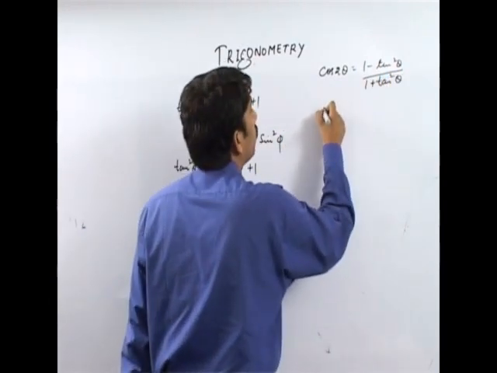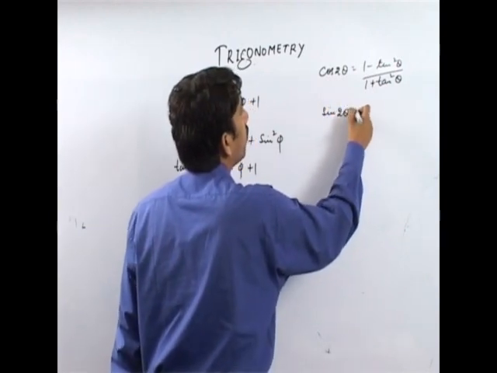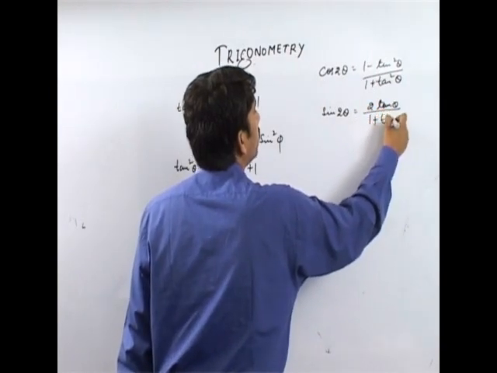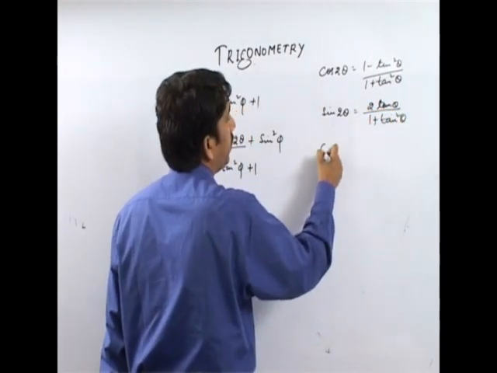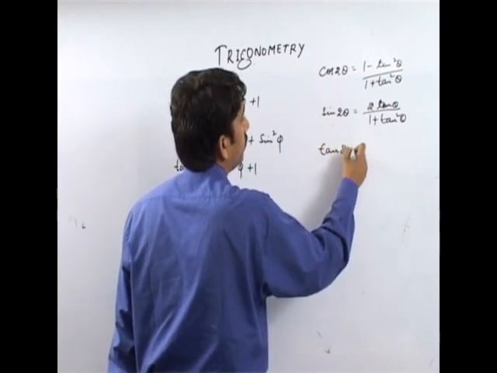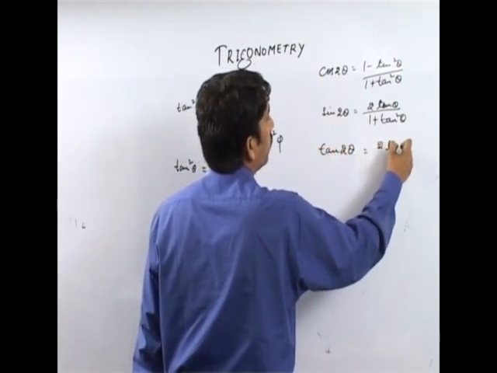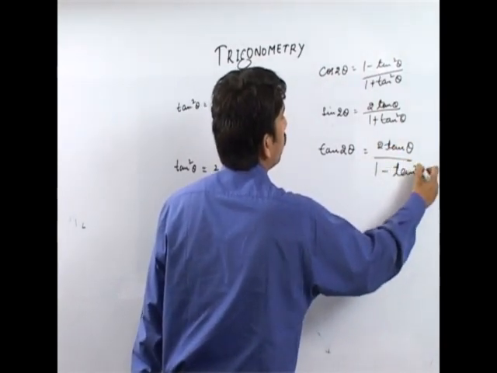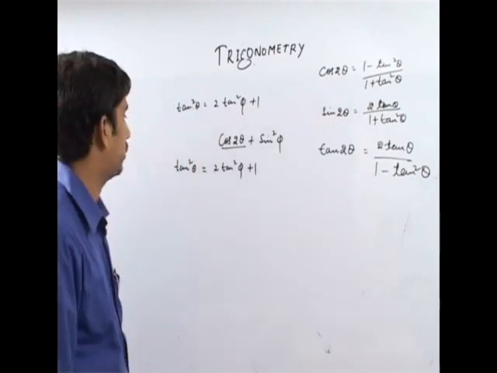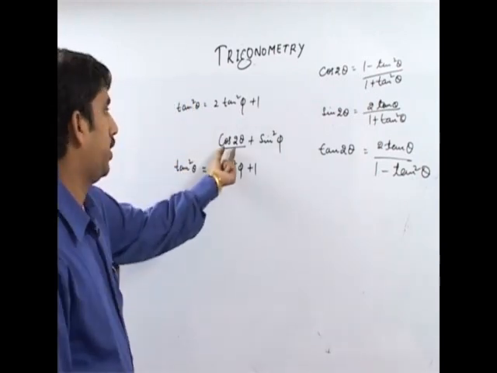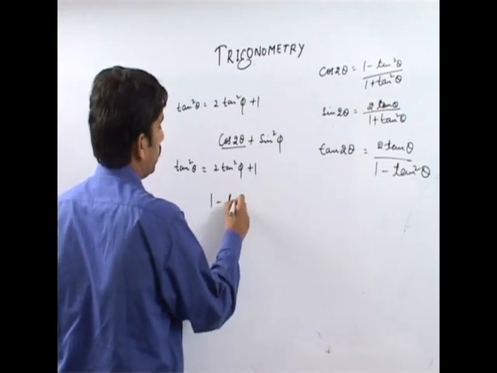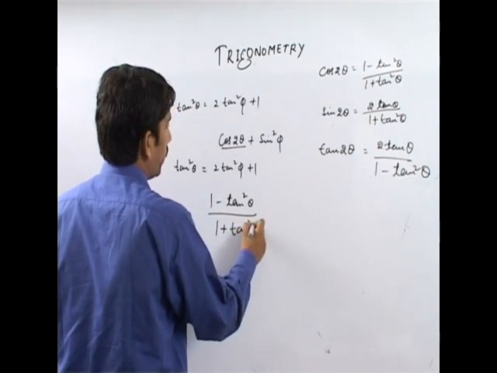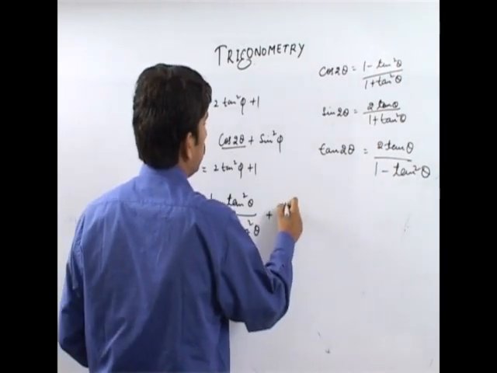Similar pattern, you can write a formula for sin 2 theta in terms of tan as 2 tan theta over 1 plus tan square theta, and then tan 2 theta is equal to 2 tan theta over 1 minus tan square theta. Now put this value here, you will get 1 minus tan square theta over 1 plus tan square theta plus sin square phi.